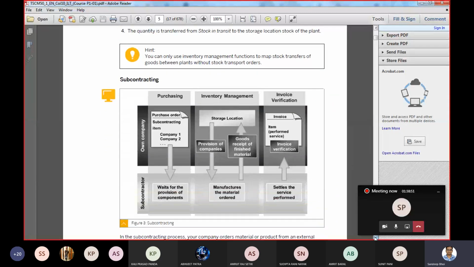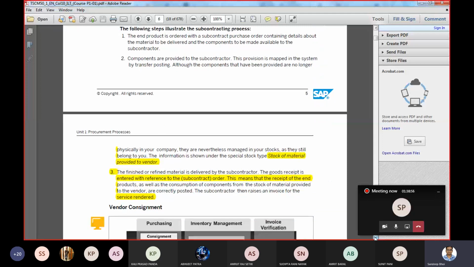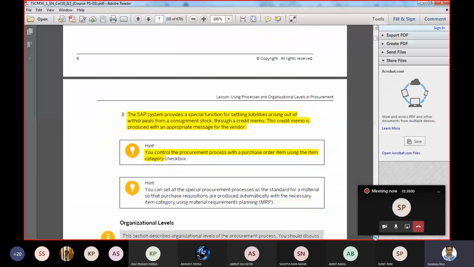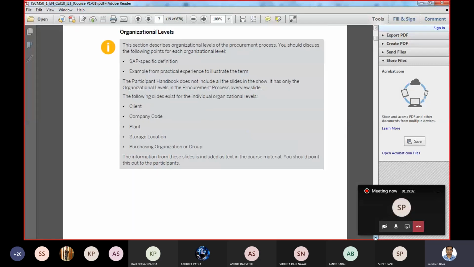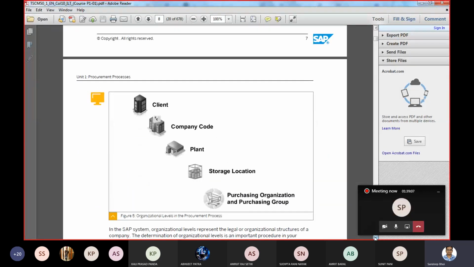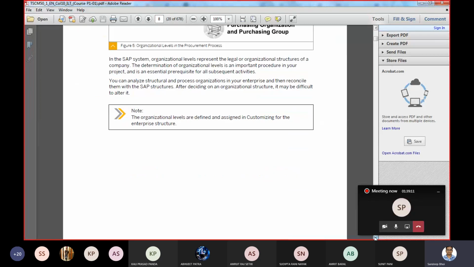Subcontracting we have also discussed. Today we have discussed vendor consignment also, right? The organizational levels: client, company code, plant, storage location, purchasing organization, this we have also discussed.